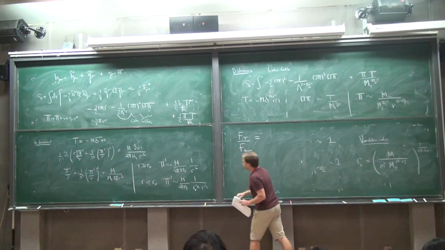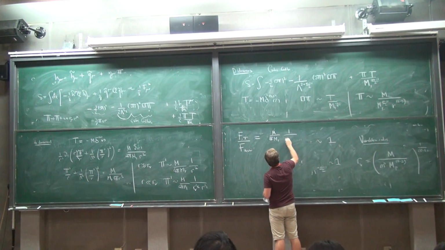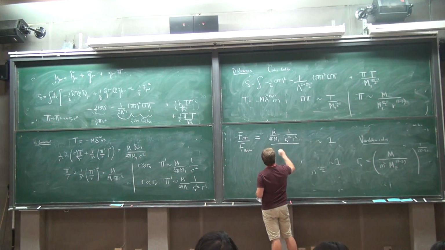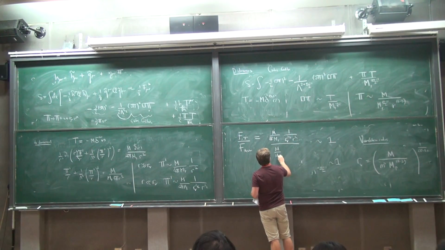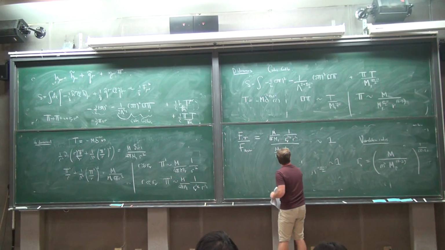But within the Vainshtein radius, you get something that goes like m over 4 pi m Planck, 1 over r Vainshtein to the 3 over 2, r to the half, divided by the ordinary Newtonian force law, which scales like 1 over r squared.